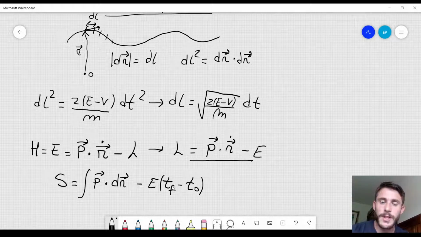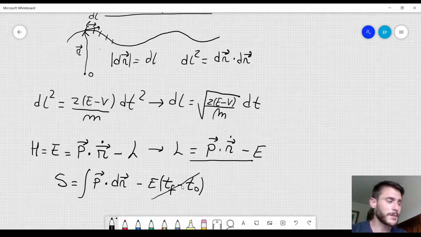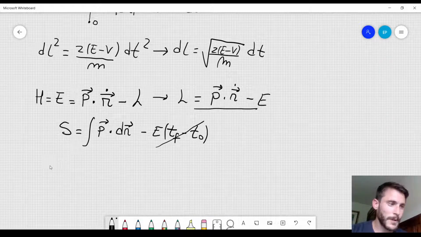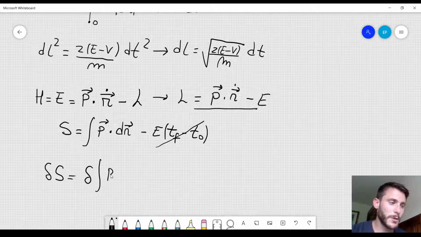Tf and T0 are the two endpoints of our path, and the variation will not affect this part, because when doing a variation I only vary the trajectory between the two endpoints, but I do not vary the two endpoints, they remain fixed. Therefore, I can write the following. The variation of the action is just equal to the variation of the first integral, P dot dr.